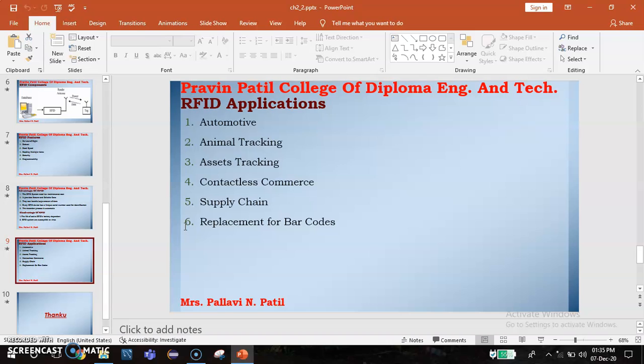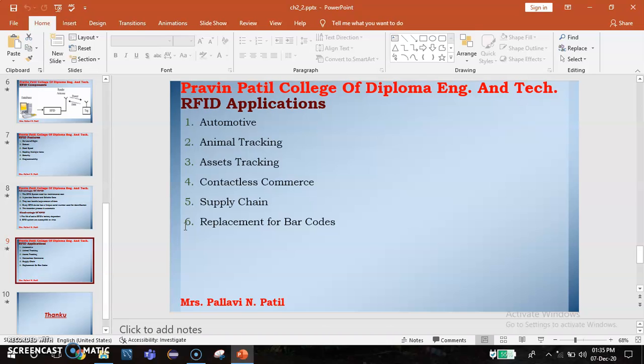Blue chip companies such as American Express use RFID technology. Next, supply chain. Walmart, Target, Best Buy, and other retailers have disclosed use of RFID technology to keep inventory at optimal levels and reduce out-of-stock losses.